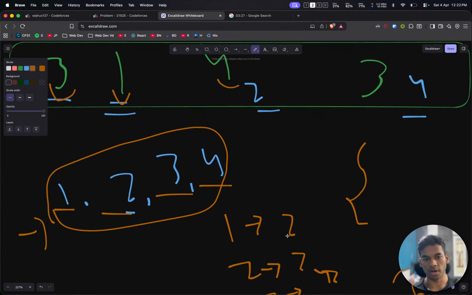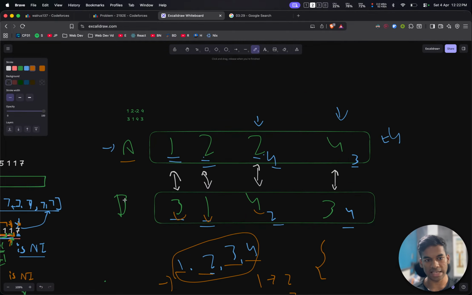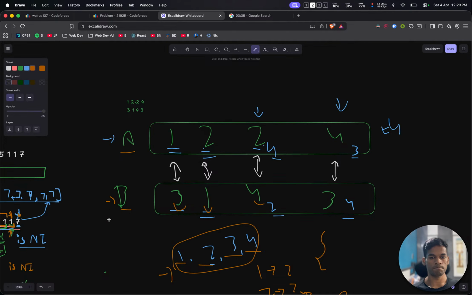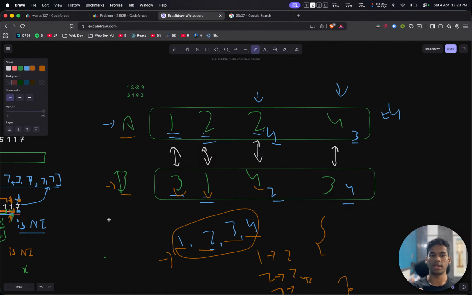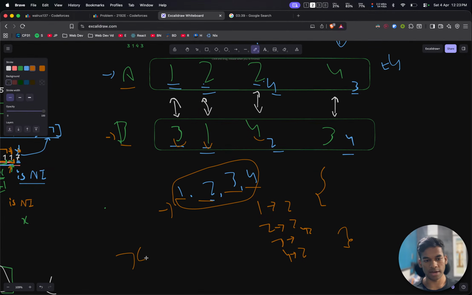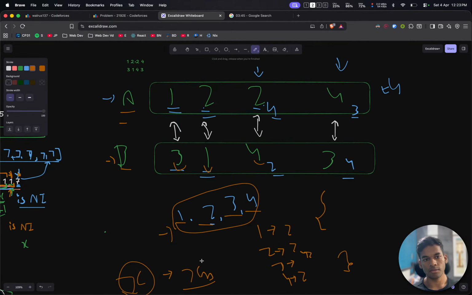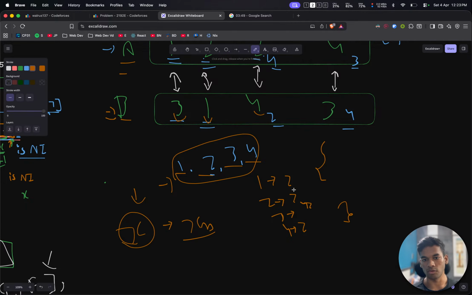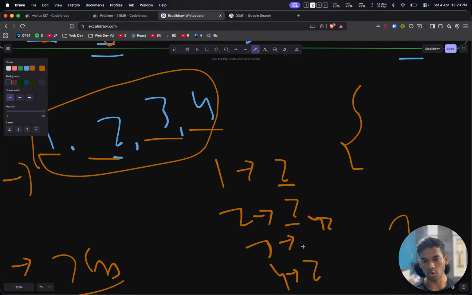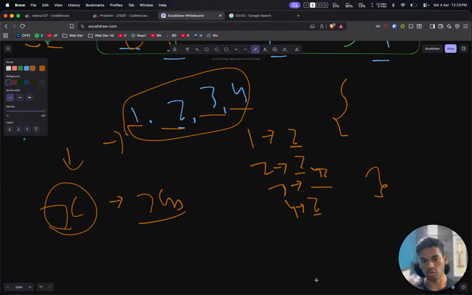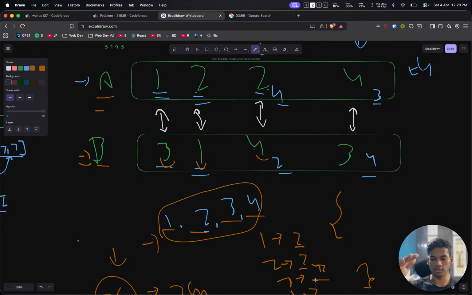And first of all, because we want an even split, we want A to be a rearrangement of B. It means that if some element X is appearing some xn number of times in A, that element should also appear xn number of times in B. So the count of each element should be even so that we can have an even split.